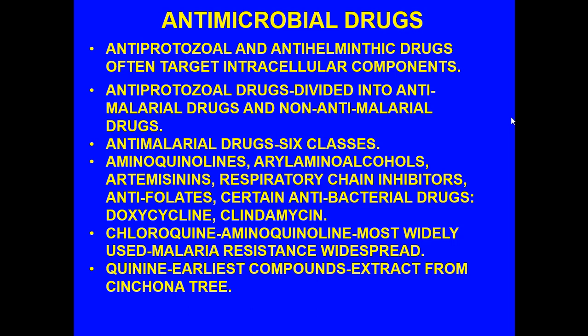And so the ribosomes are similar. We don't necessarily have cell walls. We have cell membranes. And so it gets more interesting how we're able to target the intracellular components of the protozoans and the helminths. Okay?